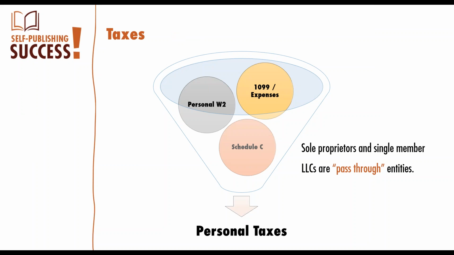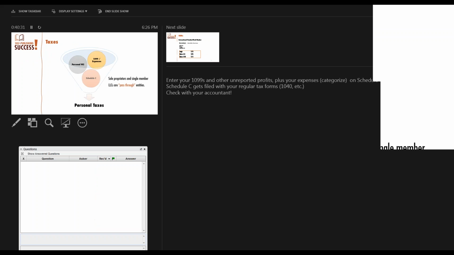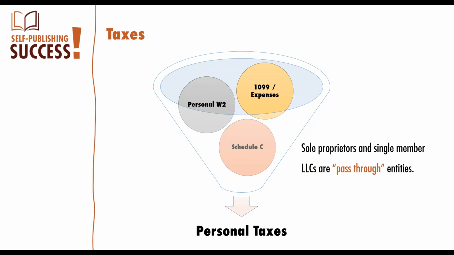So just talk to your accountant, but if you do it yourself, there are some tax software products out there that you can purchase and download that handle small businesses, not too expensive, and they can do the Schedule Cs for you very easily.